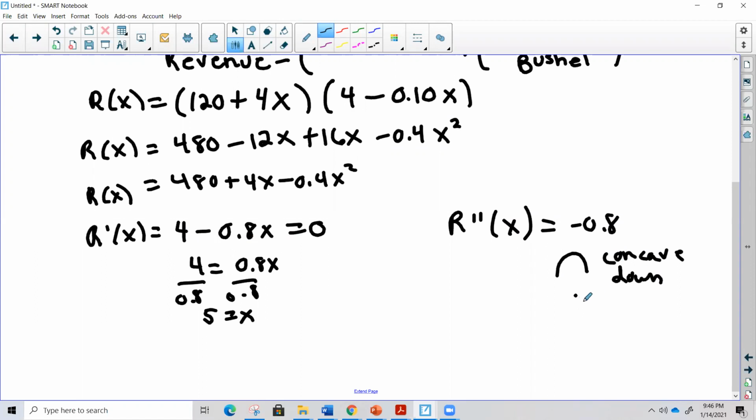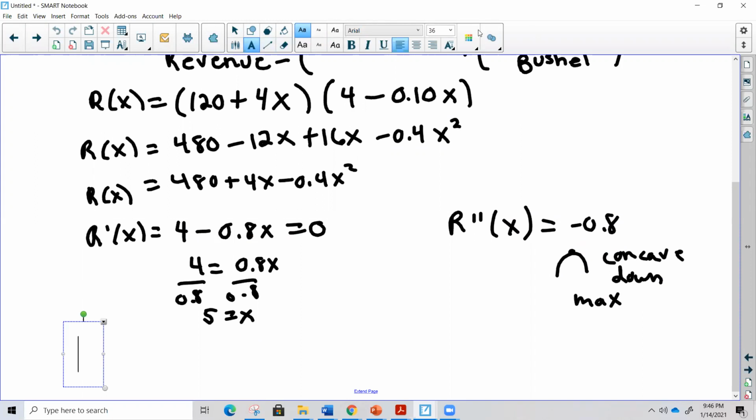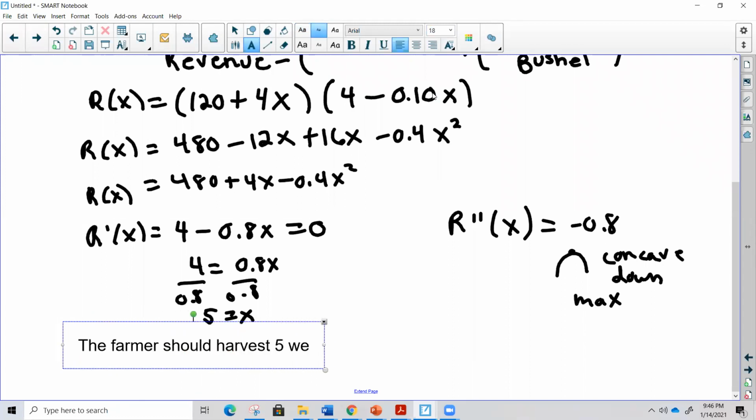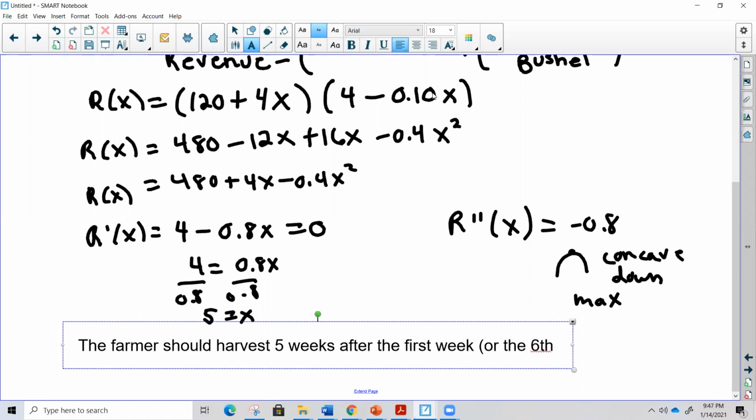So again, don't forget to check that part. So I am going to harvest 5 weeks after the first week, or the 6th week, if you want to put it that way, it doesn't matter.